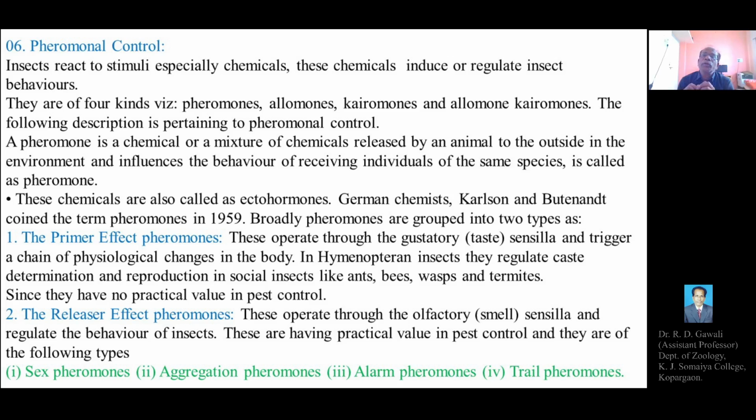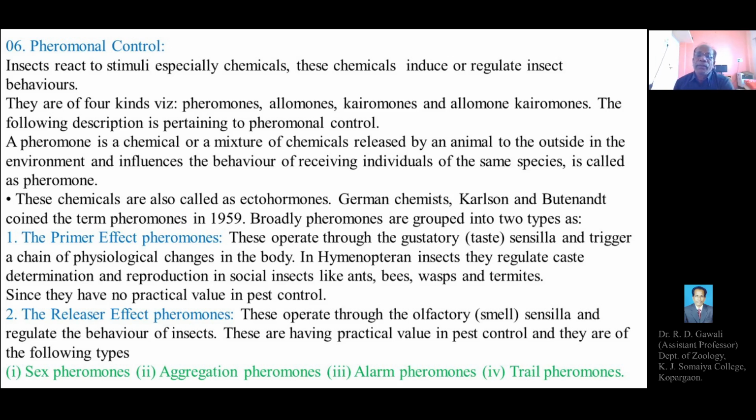So the trail pheromones are in the form of a continuous line, or intermittent spots of the chemicals produced and released by the particular individual or insect, so as to be followed by other members.